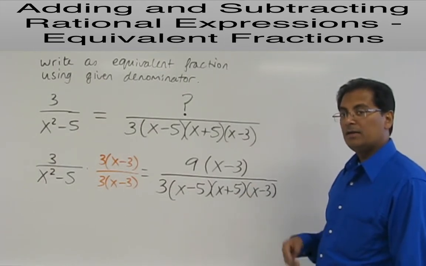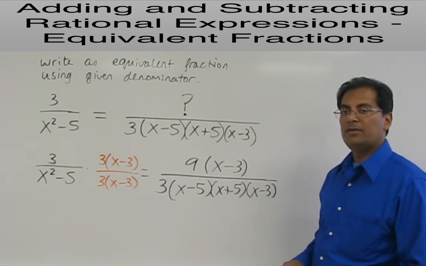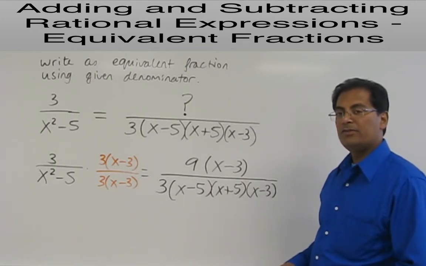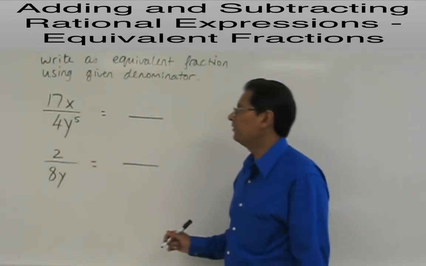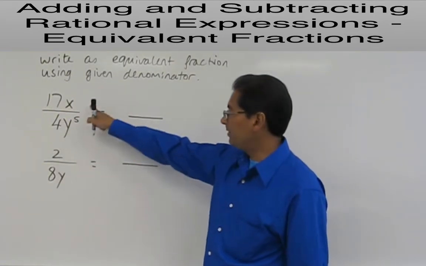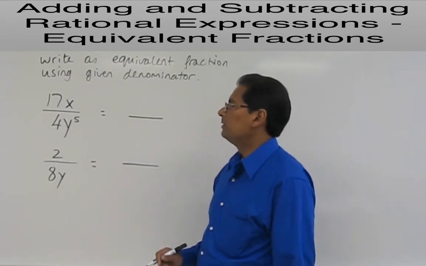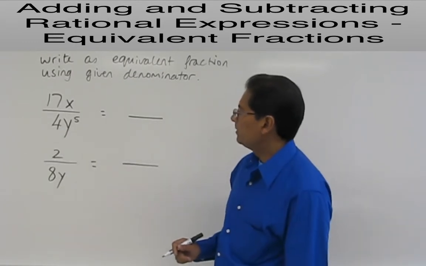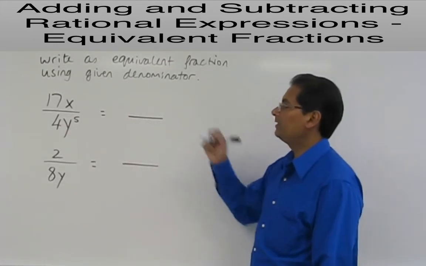So let's take another example where we have two rational expressions, unlike denominators, and we want to use the LCD to make equivalent fractions. Okay, here we have two fractions, 17x over 4y to the fifth, and 2 over 8y, and we want to write them as equivalent fractions using a denominator that I haven't given yet.